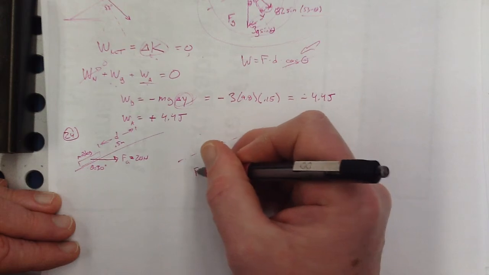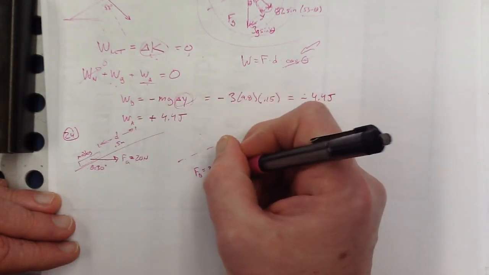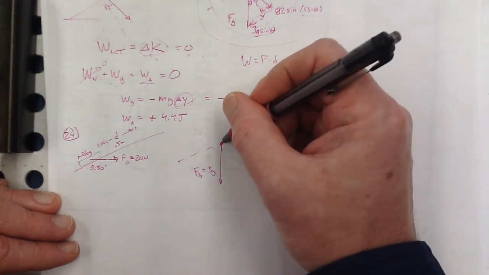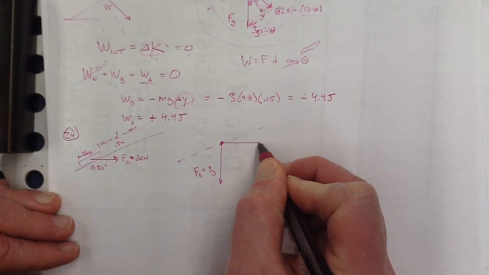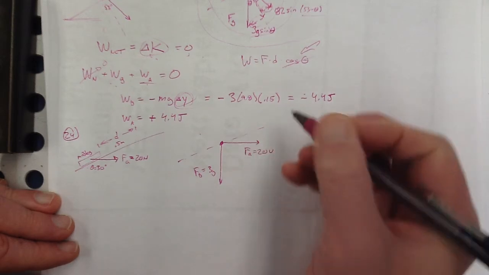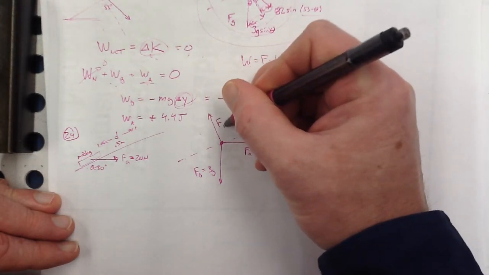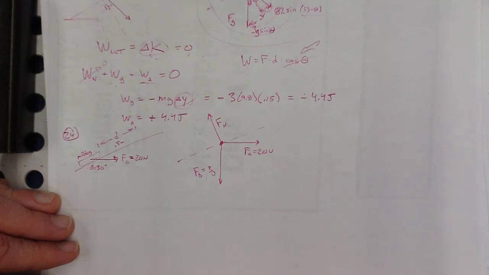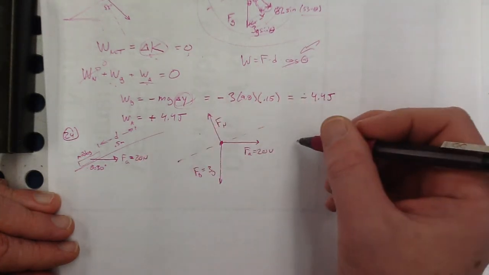So the force of gravity is 3g, and the applied force is 20 newtons, and the normal force is whatever it is. I don't think we need to know it. We could figure it out.